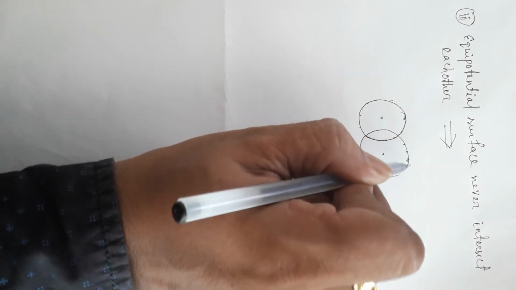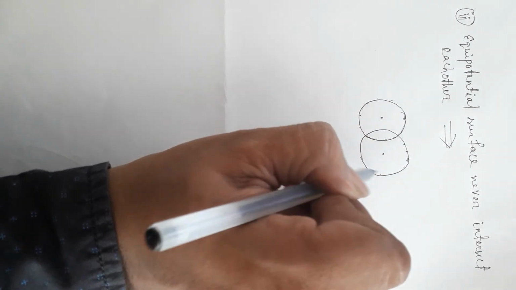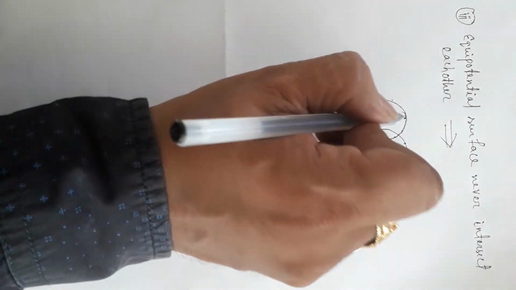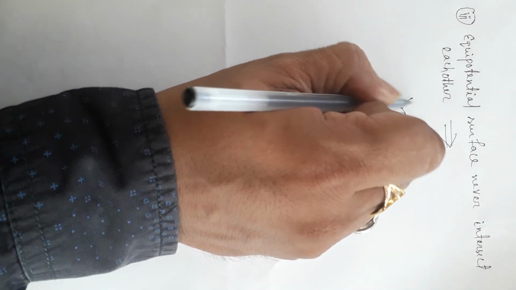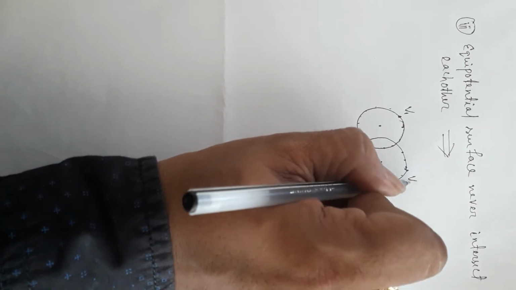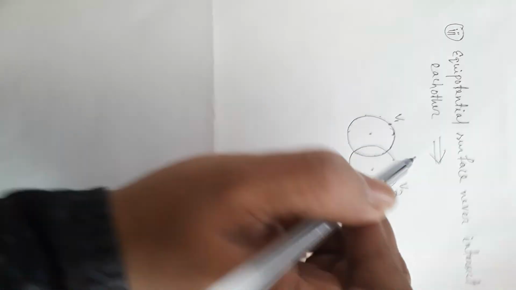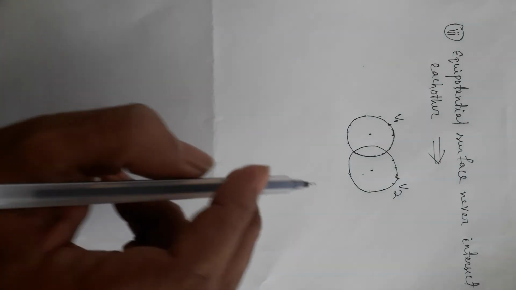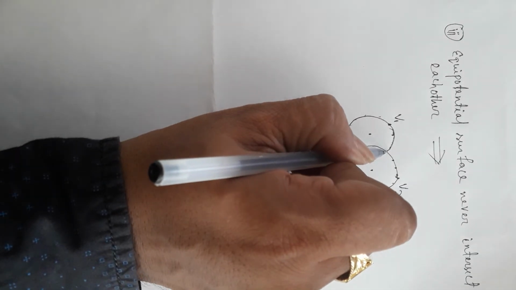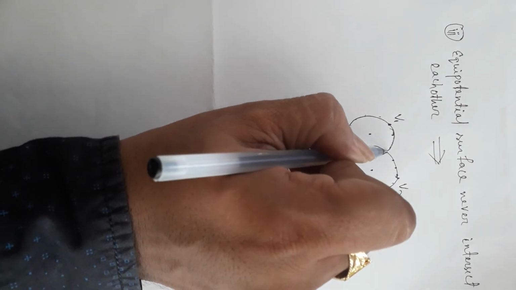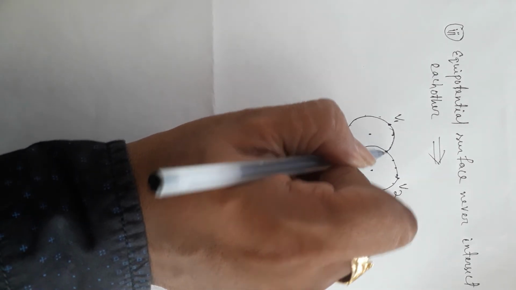Here also the potential is the same at each point, because it is also an equipotential surface. Suppose the potential at this surface is V1 and at this surface is V2, and everywhere on this one it is V1 and everywhere on this one it is V2, because the potential is the same.